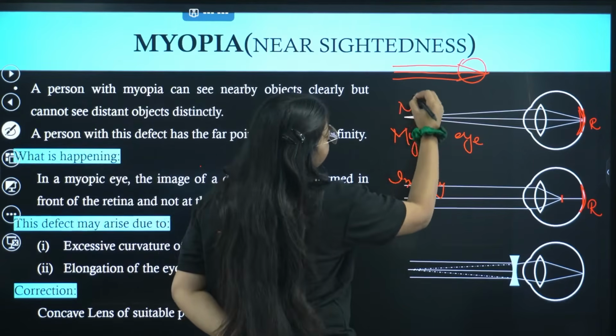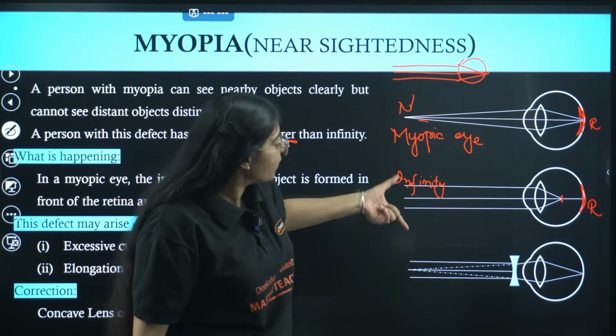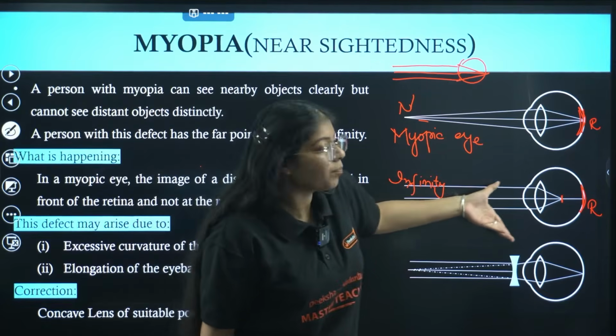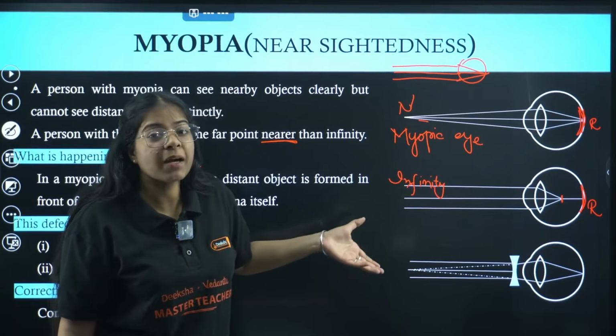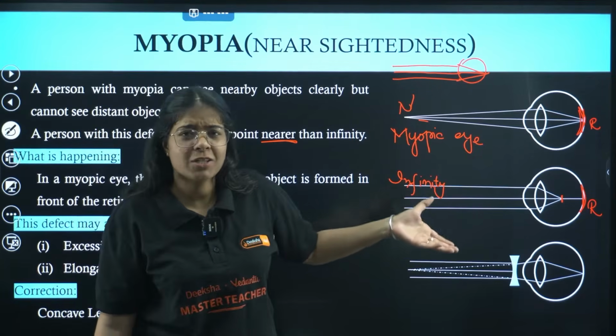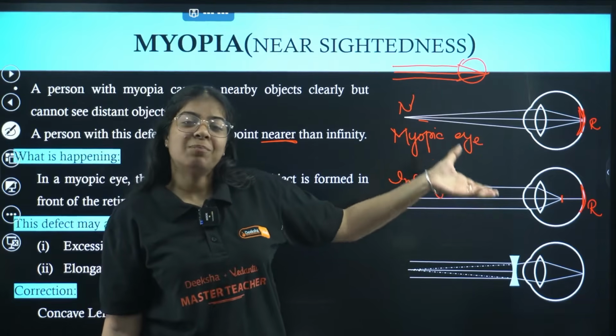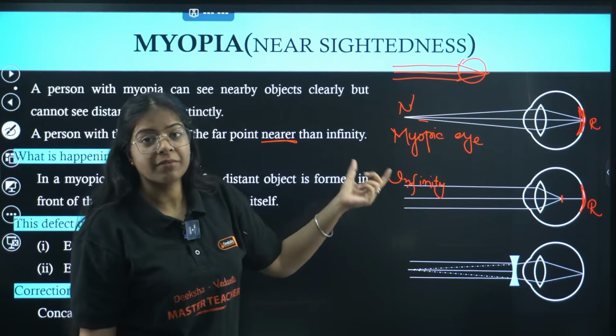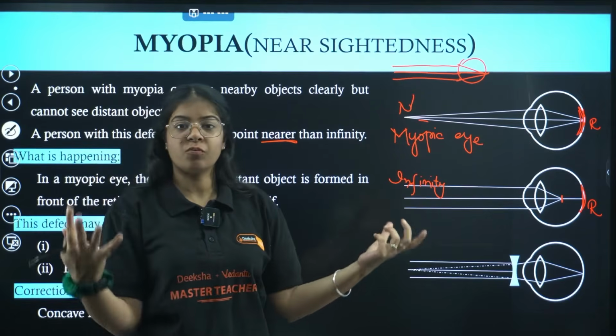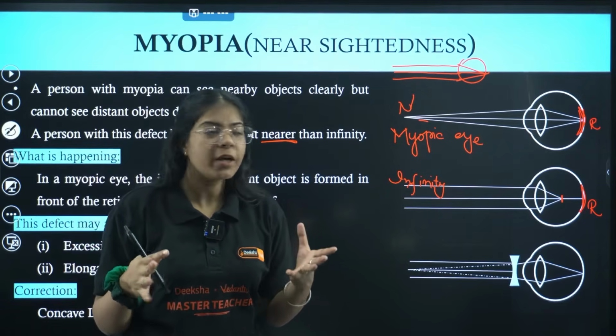Now, if instead of infinity, I take my object and place it near the eye, the near point where the eye can see clearly will now be my far point, correct?